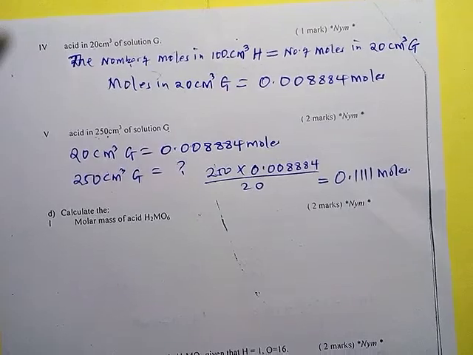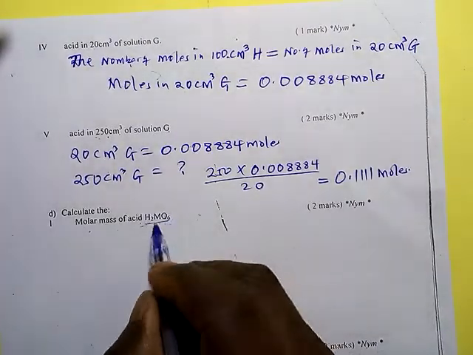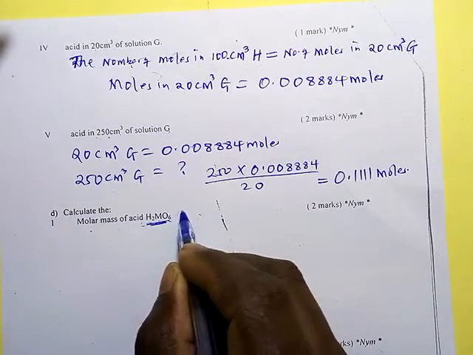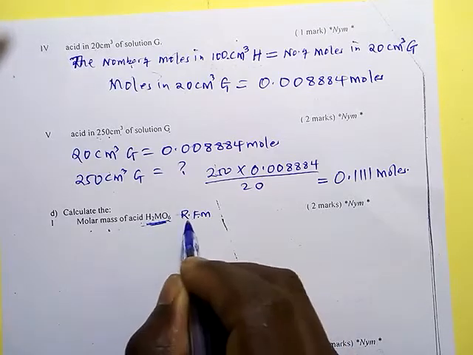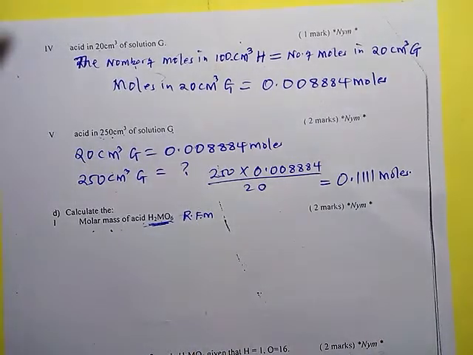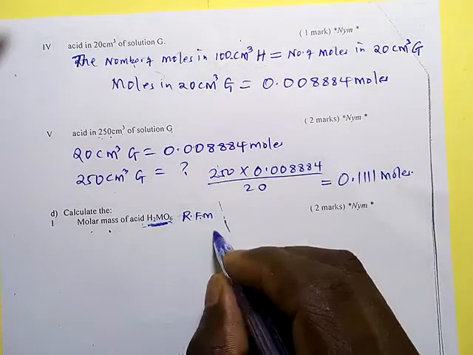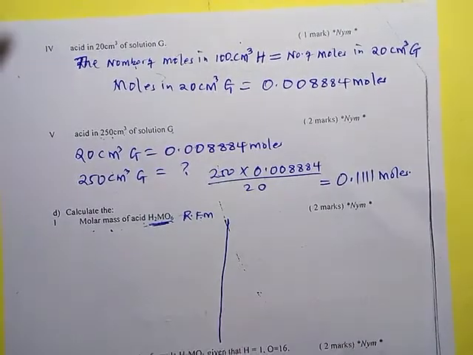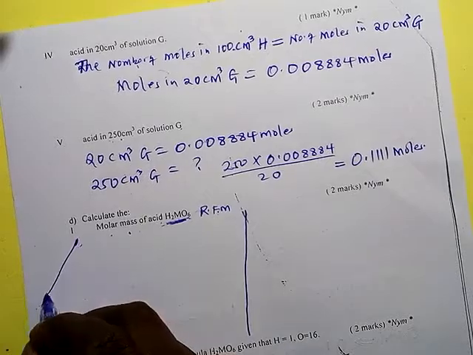Next, calculate the molar mass of G. Molar mass is the same as RFM, so we want to calculate the RFM. I want to approach this in two ways, and you will pick the one which is easier. The first one is very simple.